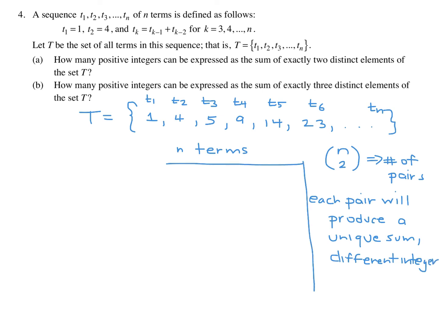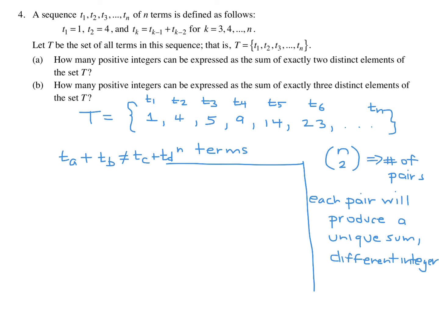But here's the thing. I have to show that all of these sums are unique, that no 2 sums are the same. So for example, if I chose 2 terms, let's say, whatever, TA and TB, and I added them, I have to show that no 2 terms can be added to equal the same integer. So if I chose 2 other terms, TC plus TD, that no two sums would be the same.